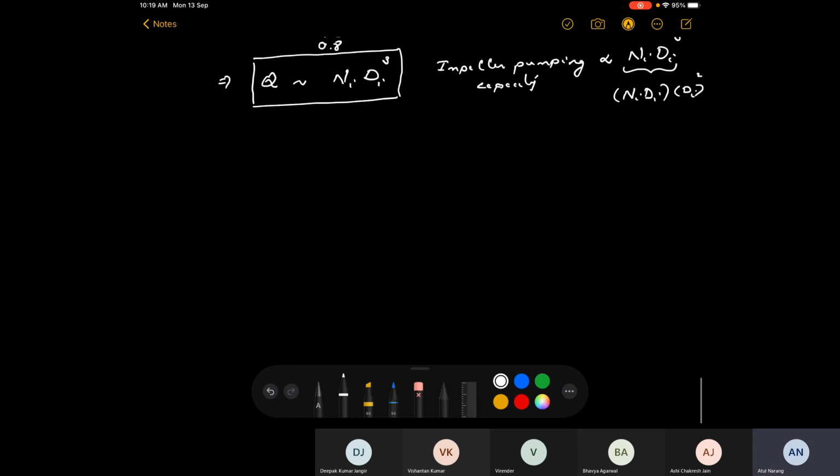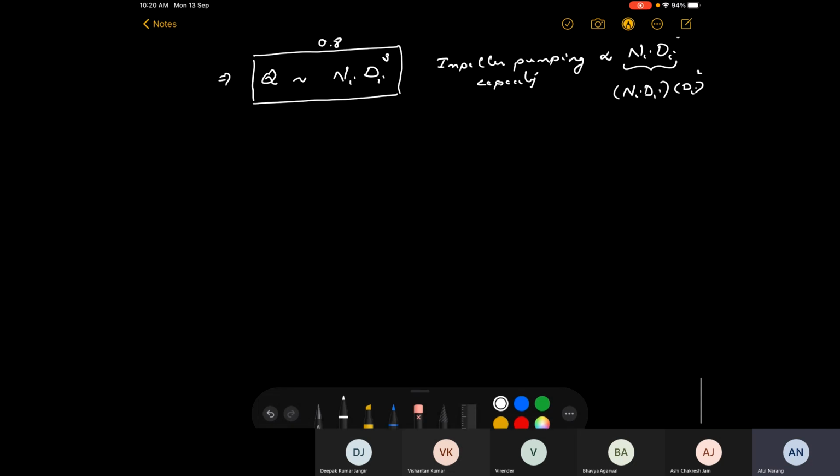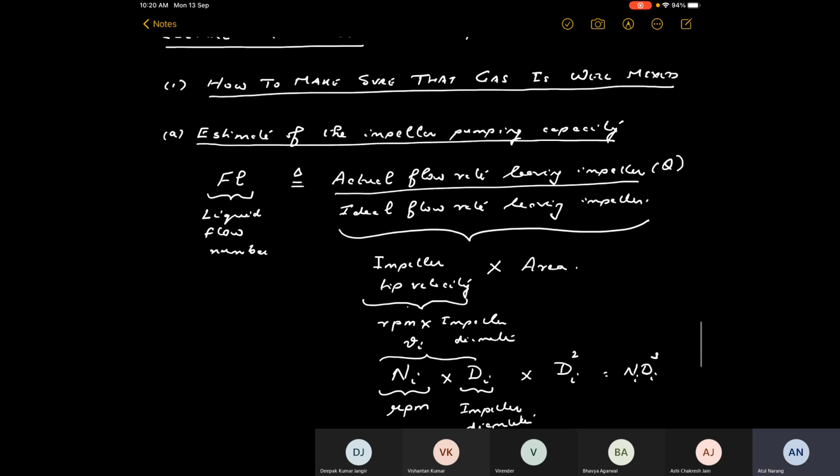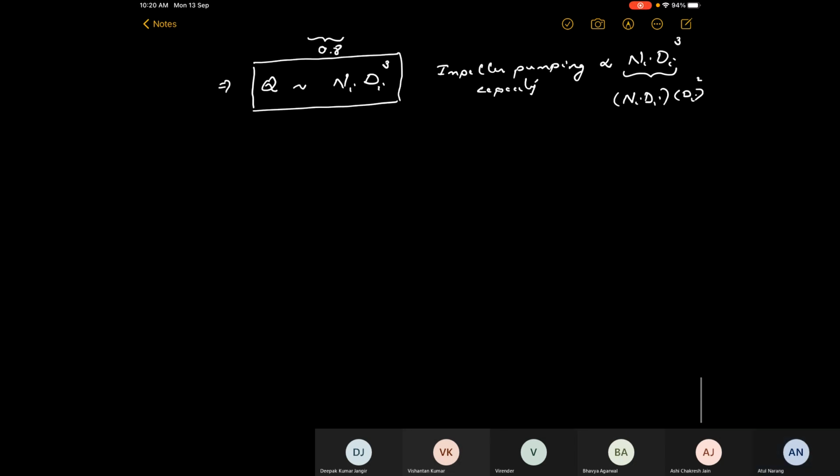Now, the second point, more important, getting to how we decide. What we are getting to is predicting the gas flow pattern.